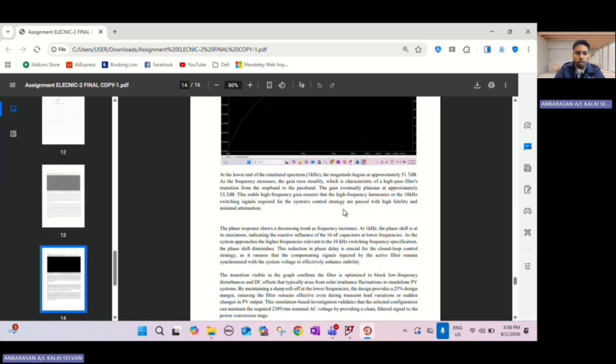The smoother output waveform demonstrates improved power quality, which is important for protecting sensitive electronic components and ensuring stable system operation. Overall, the simulation result validates the effectiveness of the proposed active filter design in increasing power quality in solar PV systems.